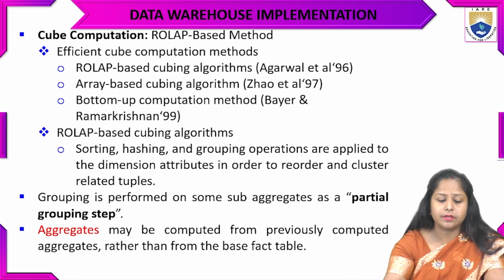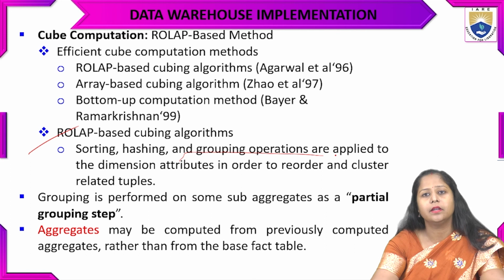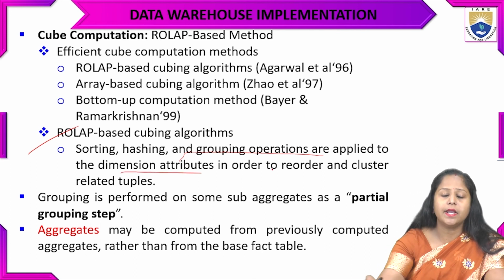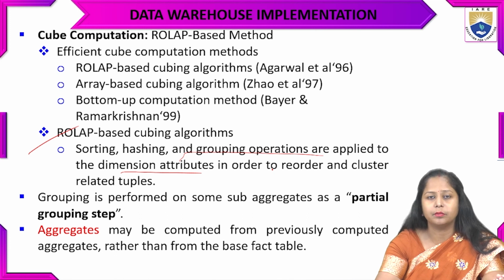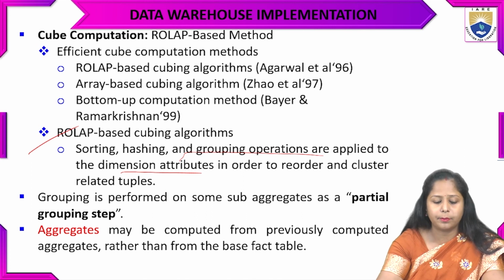So those were the different algorithms and methods named for the cube computation, while we are going to use the ROLAP based methods. In the ROLAP based cubing algorithm, sorting, hashing, and grouping operations are applied on the different dimension attributes of multidimensional data in order to reorder and cluster the different tuples.